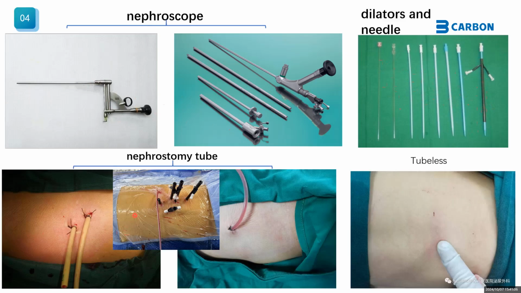This is the nephrostomy tube, like multi-access, one access. The whole procedure is very successful. There is no bleeding. Maybe the doctor can choose tubeless, with no need to place the nephrostomy tube.